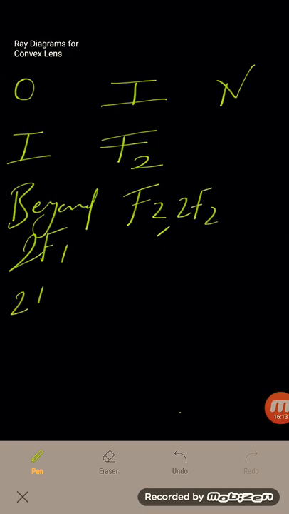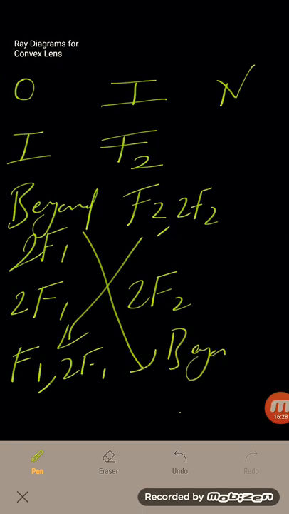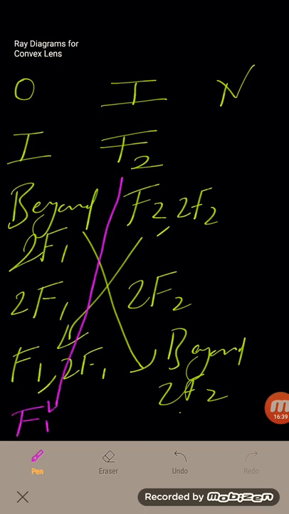If the object is at 2f1, image is at 2f2. Now reverse this. If the object is between f1 and 2f1, the image is beyond 2f2, right? If the object is at f1, image is at infinity, right?